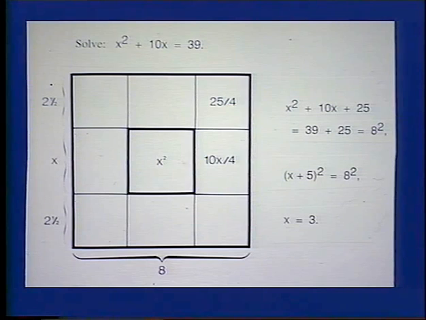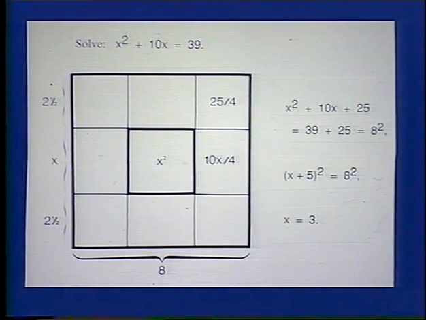Now, I don't want to go too deep into the details of this, but very roughly what happens is we, as the diagram shows, build a large square whose side is of length 2.5 plus x plus 2.5, and we put a smaller square inside it whose sides are of length x, and we calculate the area of the whole big square. You can work it out.